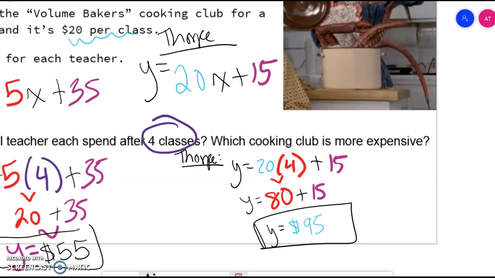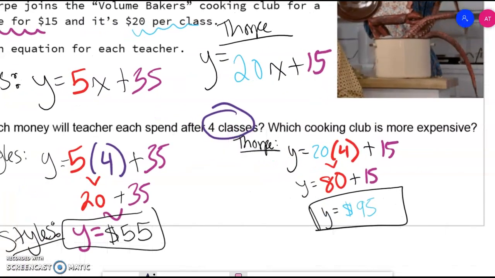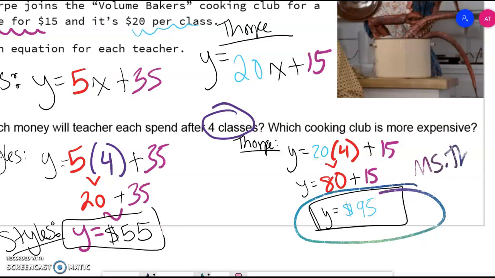Now I have $95 after 4 classes. So which club was more expensive? Miss Stiles was less expensive. The most expensive was my class. So you can say who was more expensive? Miss Thorpe's class. All right, now get on and do your PFA.